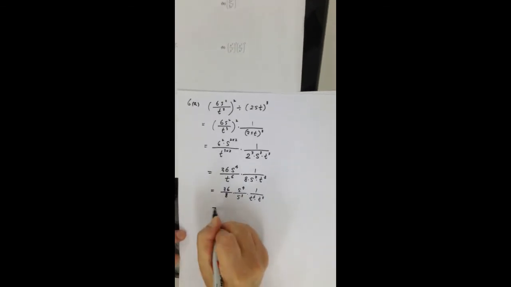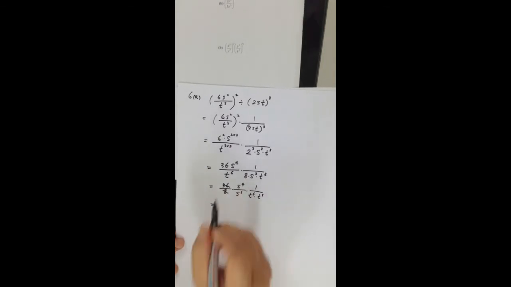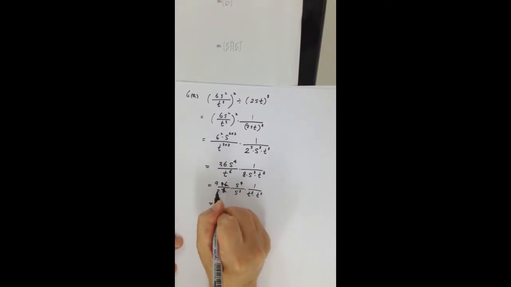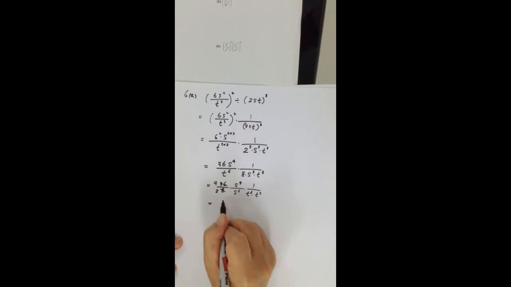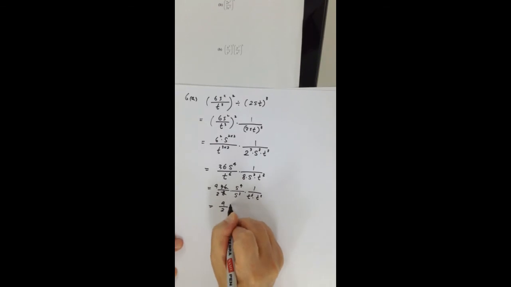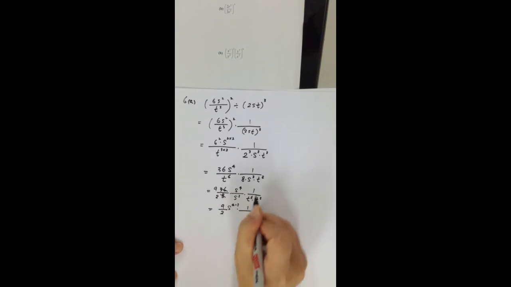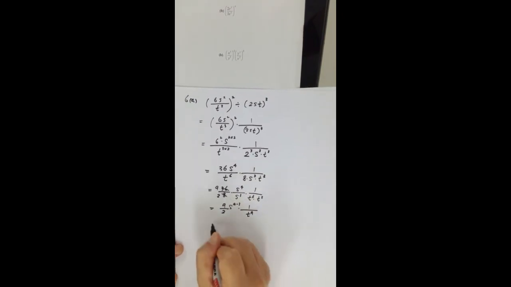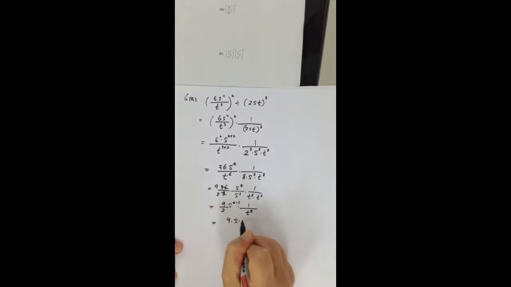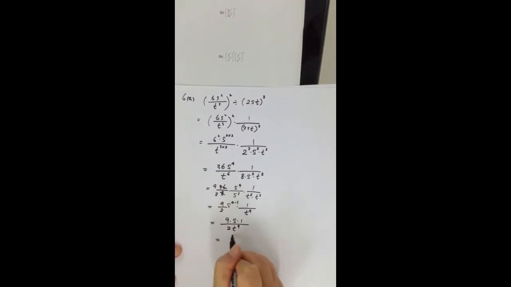So, first, we simplify the number first. 36 divided by 4 is 9. 8 divided by 4 is 2. So, 9 over 2. For the letter s, 4 minus 3. For the letter t to the power 3. So, the answer is 9s times 1 over 2t to the power 3.